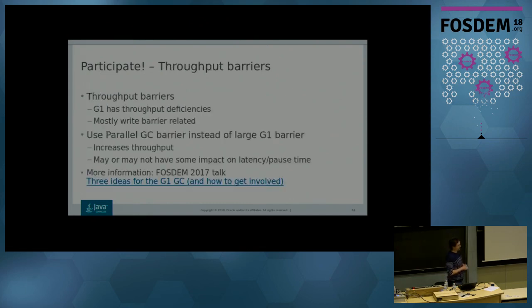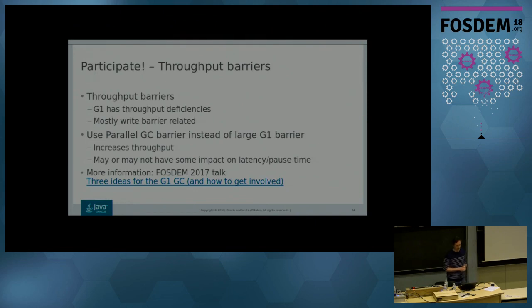Throughput barriers. G1 has throughput deficiencies. Everybody knows them. Mostly write barrier related, and this time so-called post-write barrier related. And there's a possibility to be as fast during application time, or almost as fast, as Parallel GC.